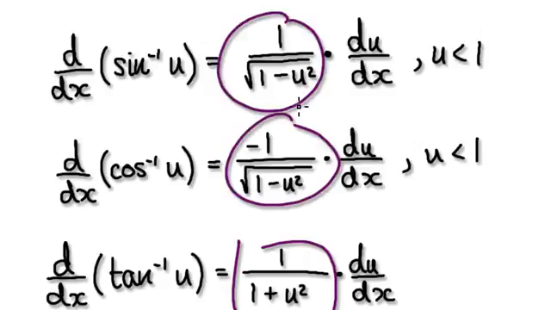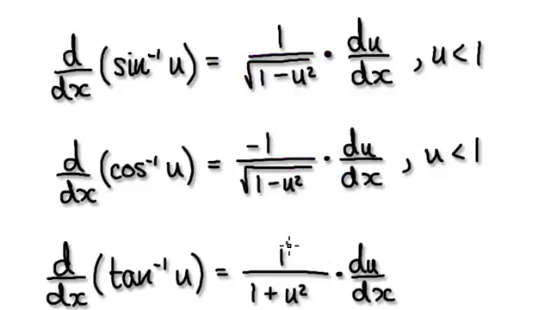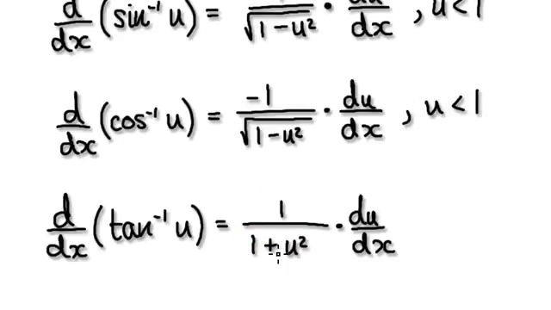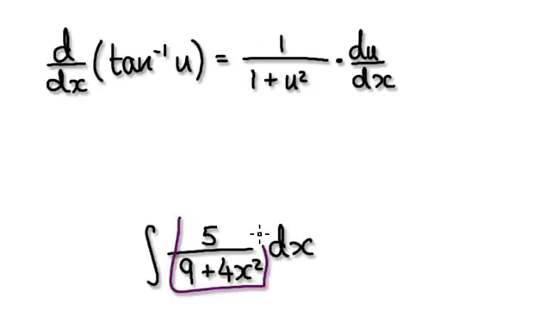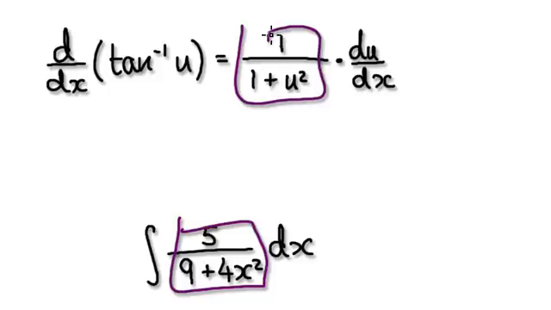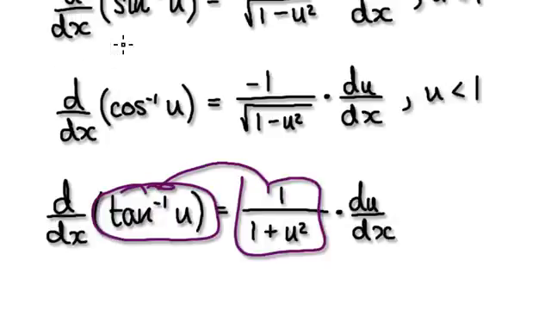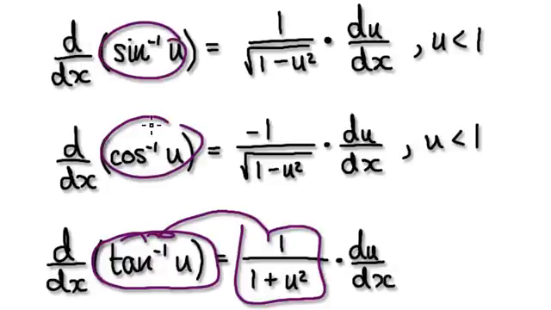Here you've got 1 over the square root of something, here negative over the square root of something, here you've just got a +1. If you really think about it, this is really of this form, meaning that when you integrate it, you're going to end up with tan inverse as opposed to these two.